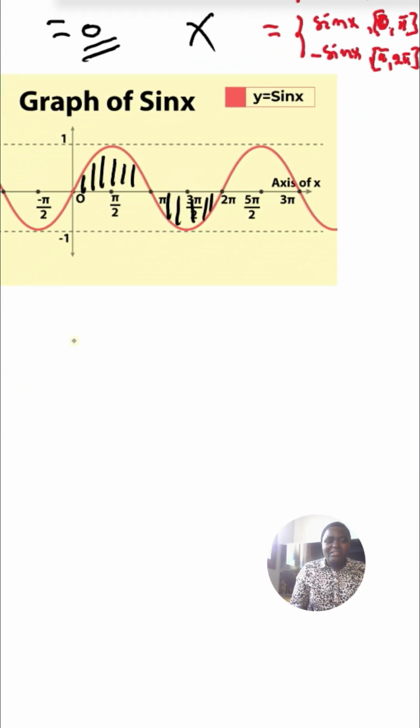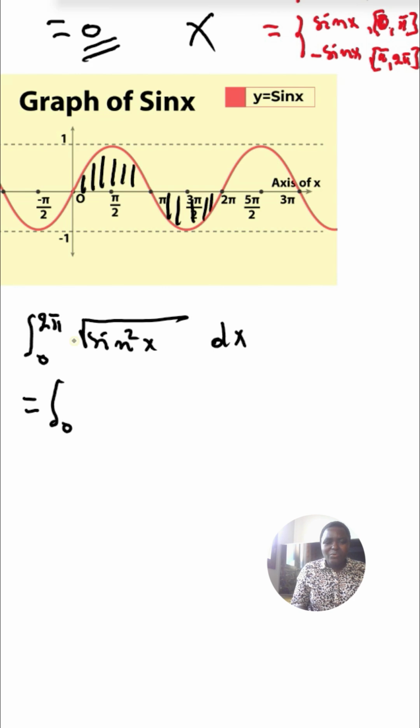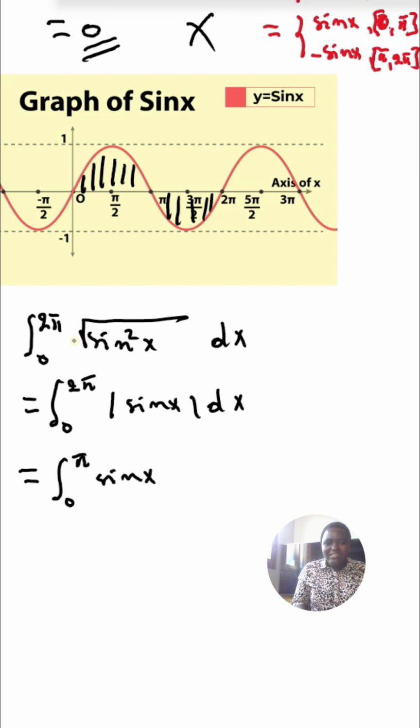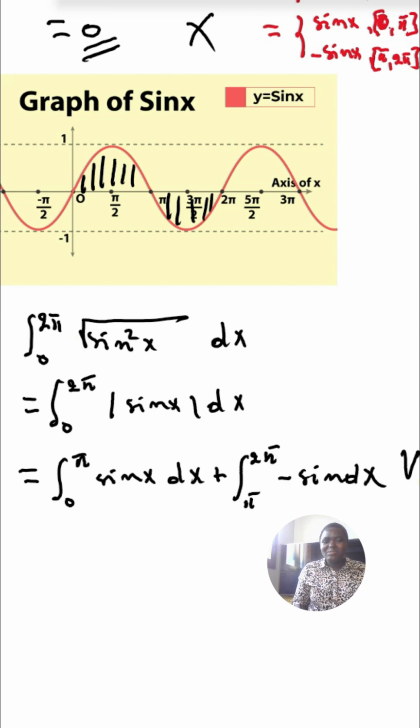If we use this concept, now our integration from 0 to 2 pi of square root of sine squared of x dx will actually be equal to integration from 0 to 2 pi of absolute value of sine x dx, and this will be equal to integration from 0 to pi of sine x dx plus integration from pi to 2 pi of minus sine x. So this is the right way to do this.